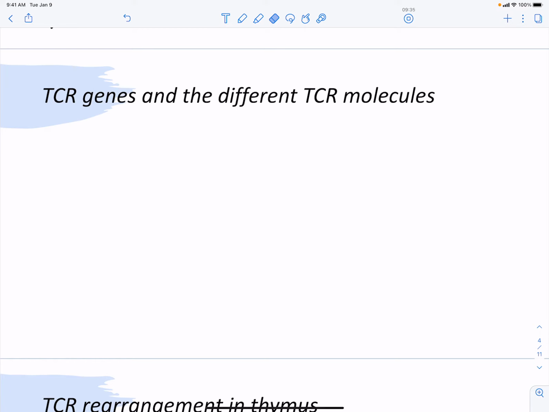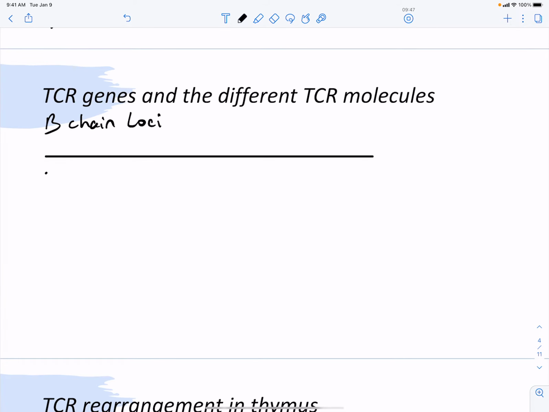So we have our beta chain loci, and you have our alpha chain loci. And so similar to our antibodies, your beta chain has diversity genes and your alpha chain does not. This is similar to the heavy chain on your antibody having diversity and your light chain not having diversity.